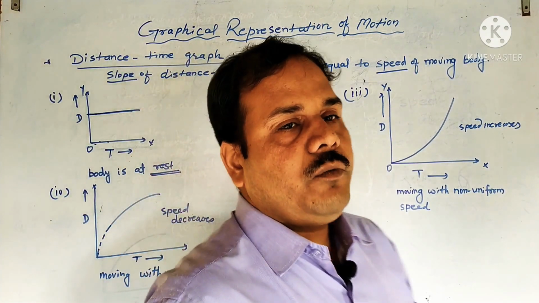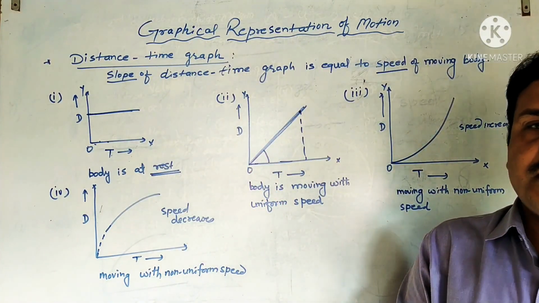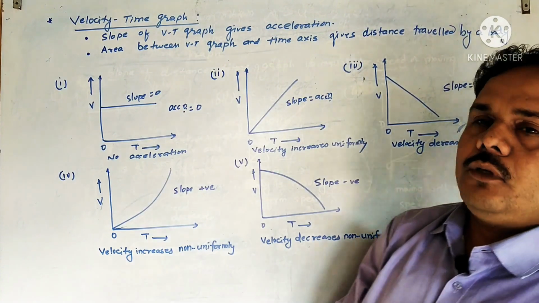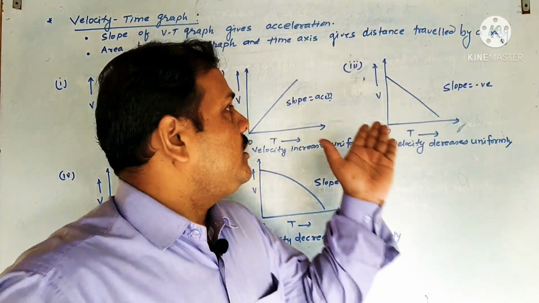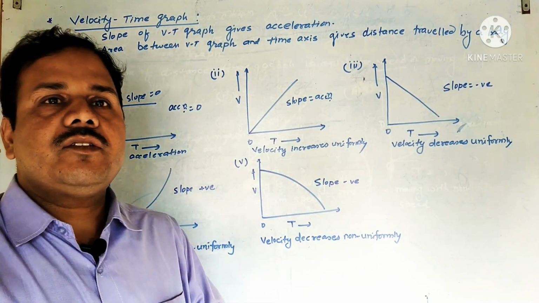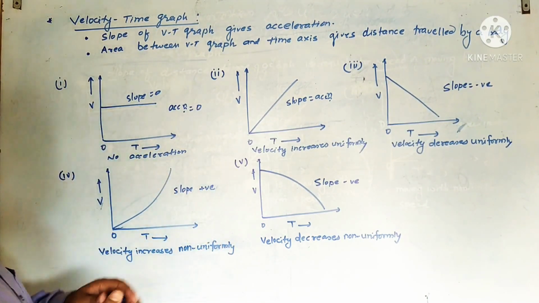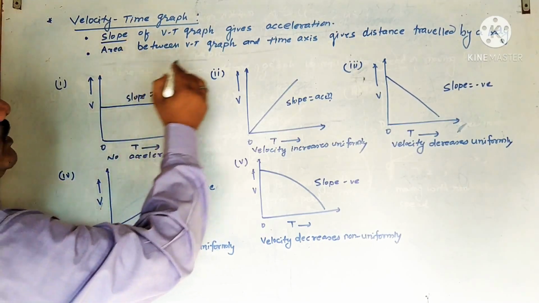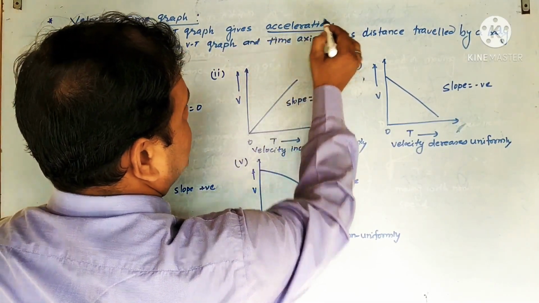Now next we will discuss about the velocity time graph. Now in velocity time graph, that is VT graph, we will discuss certain graph. So first of all, what we will get in velocity time graph? Okay, so first of all you have to keep it in mind that the slope of velocity time graph gives acceleration.